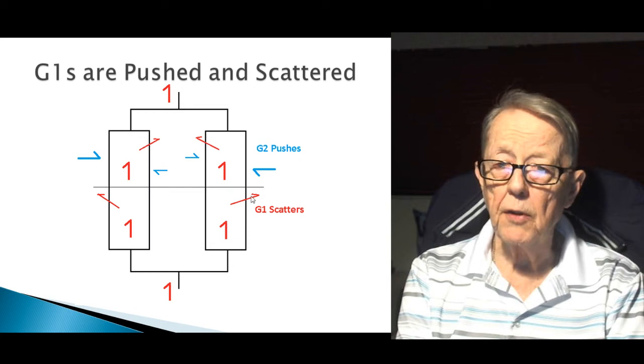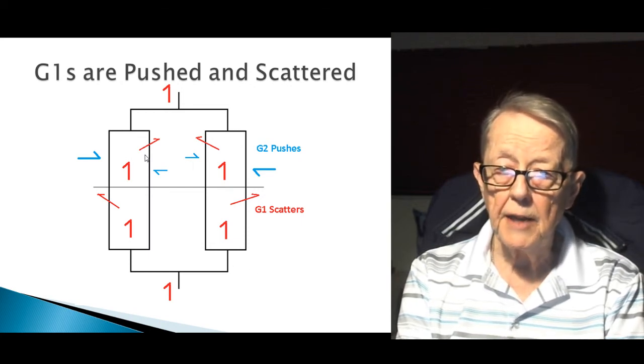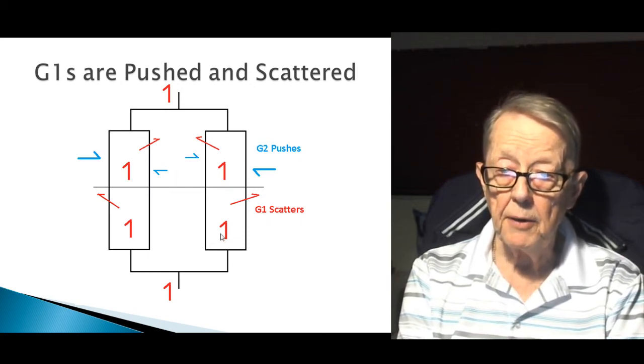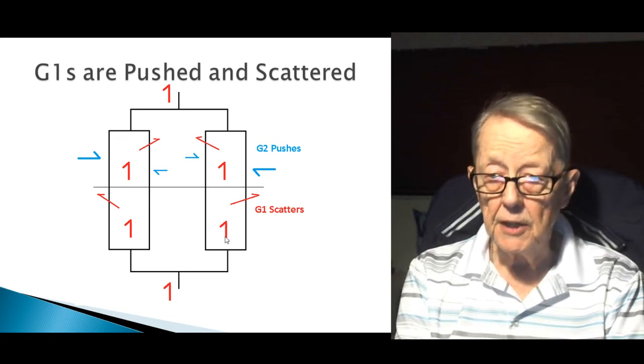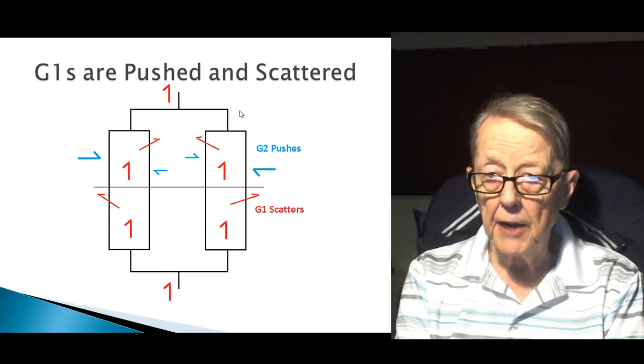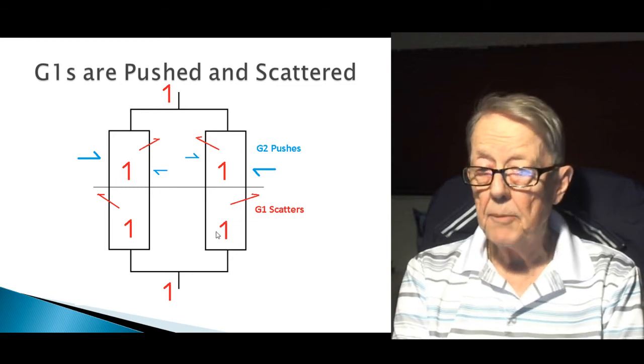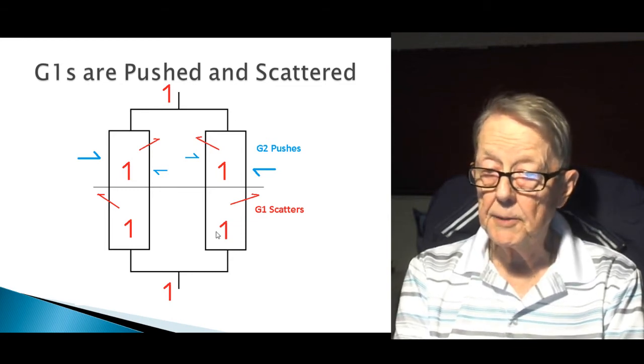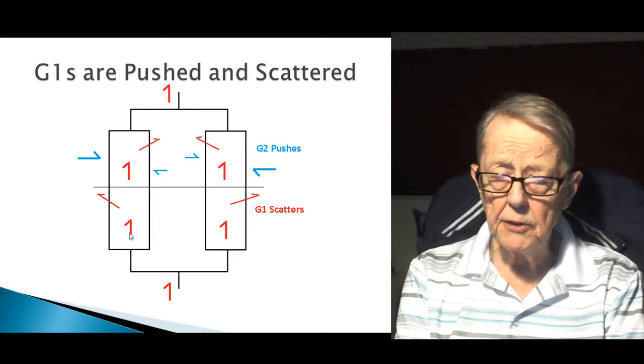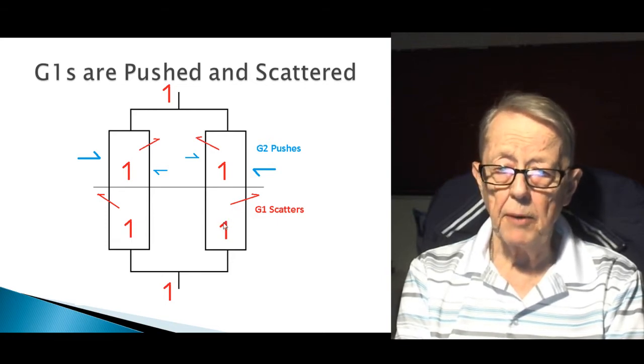It happens over the whole resistor. It doesn't happen up here and not here. It's a continuous thing for scattering. It's a continuous thing for gravity pushing. But nonetheless, this is easier to show so I can separate what's going on.